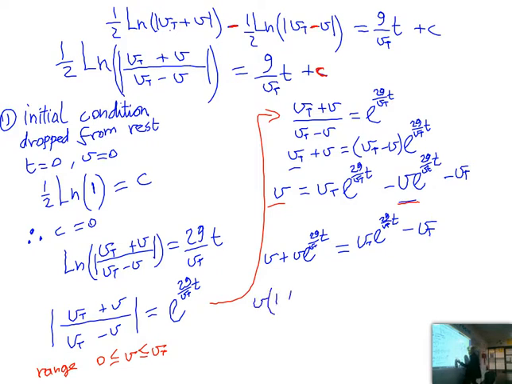So we have 1 plus e to the 2g on terminal velocity, equal to terminal velocity, there's the e.